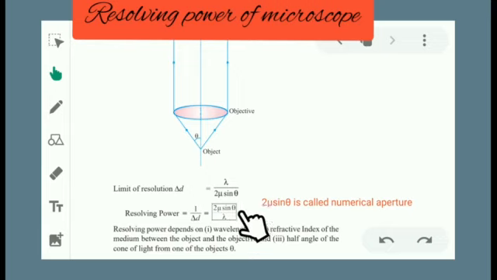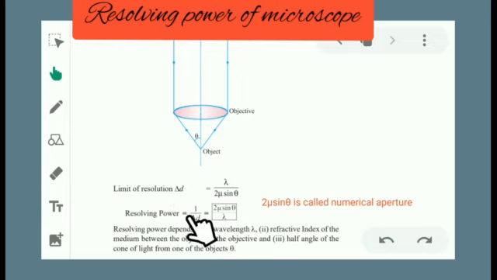You know that an electron microscope is more powerful than an ordinary microscope. Why? Because the wave associated with the electron has a smaller wavelength compared to ordinary light. As the wavelength decreases, the resolving power increases.